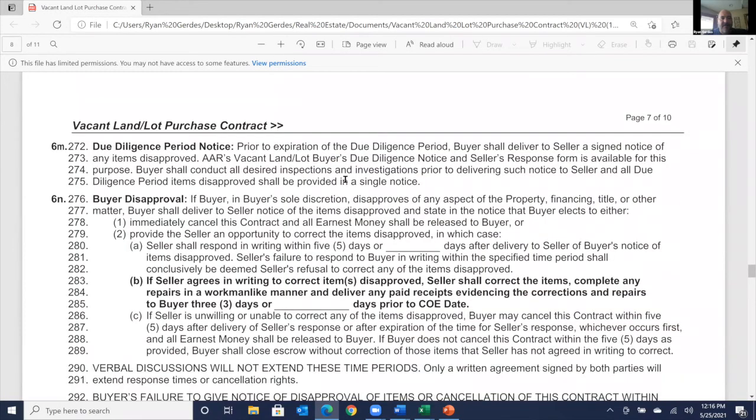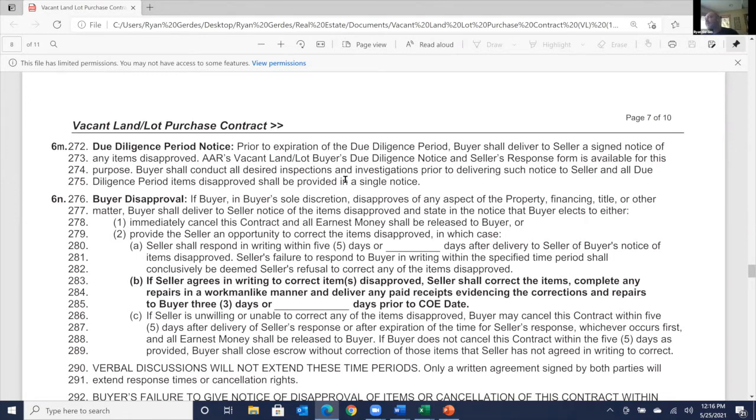All right, moving forward, due diligence period notice upon that 30 days, not any days, not one day later. You are going to want to submit a response over to the seller reflecting your findings. If there's any items that are adverse or that you have concerns about, make sure you ask all those questions prior to that 30 days.